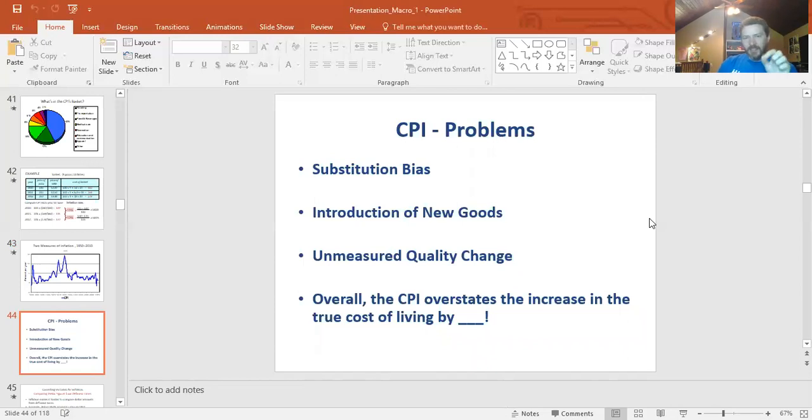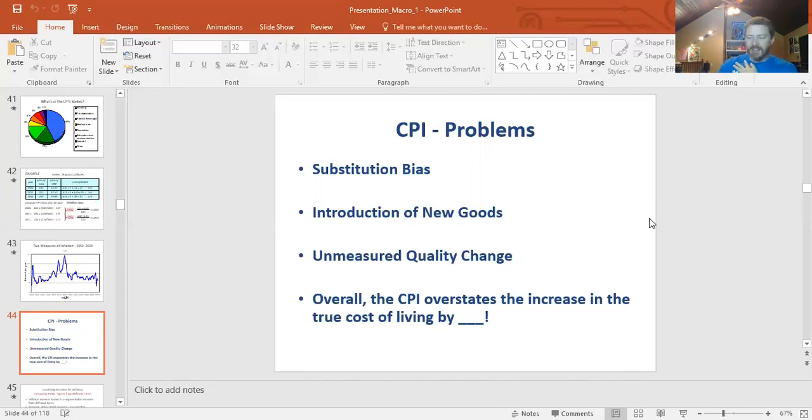So because of this substitution bias problem and because of other problems that I'm not going to talk about, that I'm just going to let you read in the book, we think the CPI may overstate the increase of the true cost of living by up to 1 percentage point. But that's off of a basis of 2.